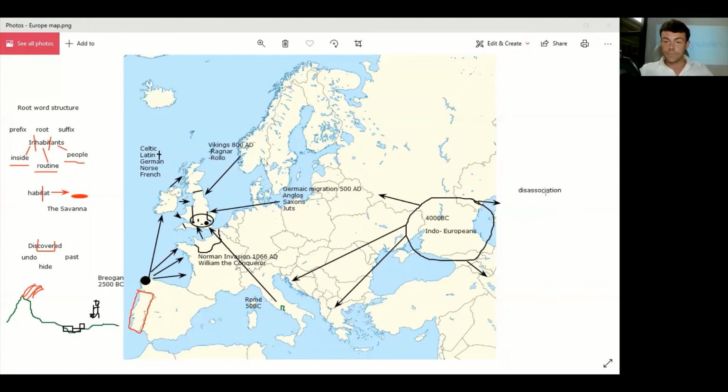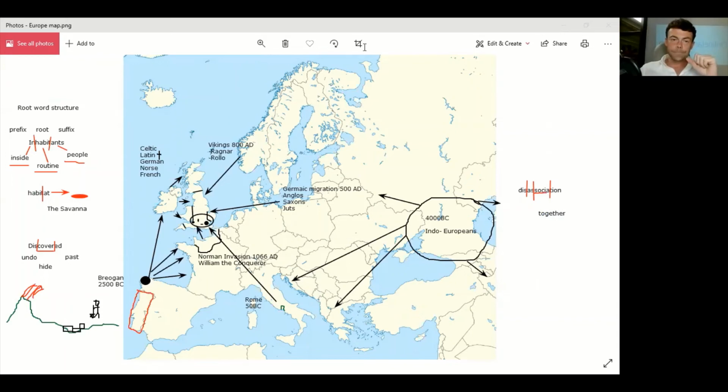In this case, we actually have 2 prefixes and 1 suffix. Now, as always, let's start with the root word, socia. Social, society. Let's say, for a rough translation, it means together.